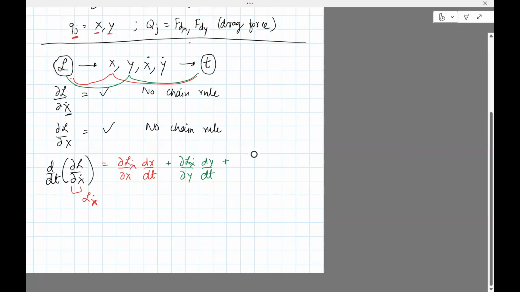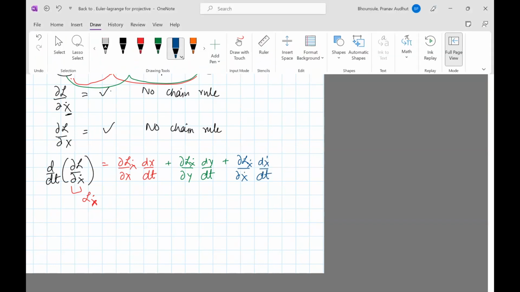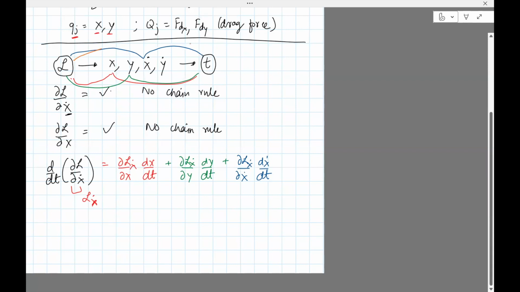Then let's use blue for L to x dot to t. Then there's one more left: L to y dot to t.